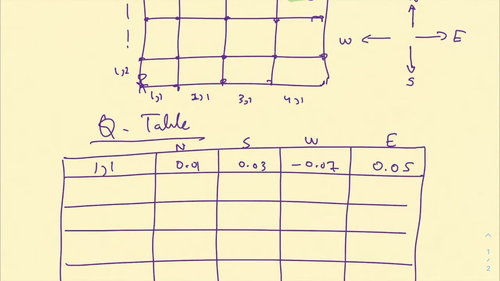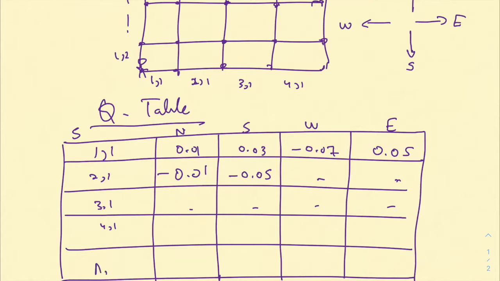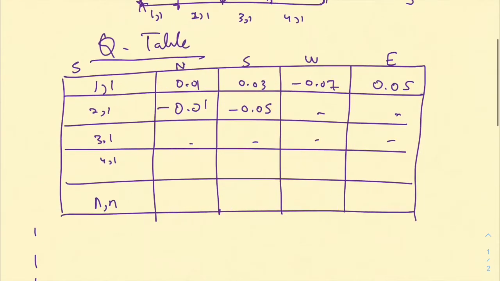So this is state, this is action. So the next state would be 2 comma 1, and similarly minus 0.01, minus 0.05, and so on, right? And then 3 comma 1, 4 comma 1 till n comma n, because I'm assuming it's a square grid. So we did that.